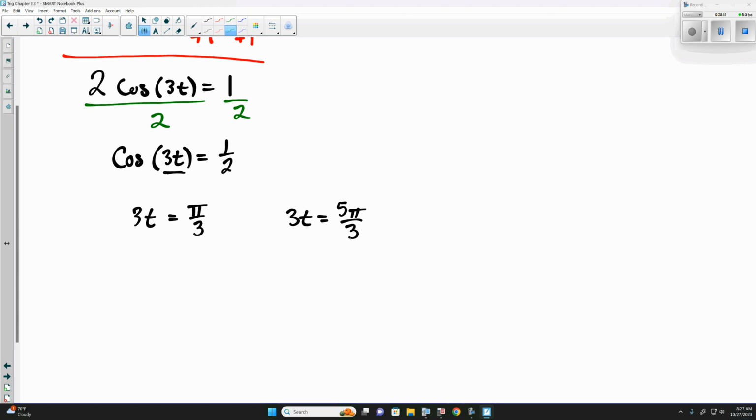Because the angle gave us the nice value of 1/2, we can go on and just use this here. We don't have to use the half angle, double angle, triple angle.